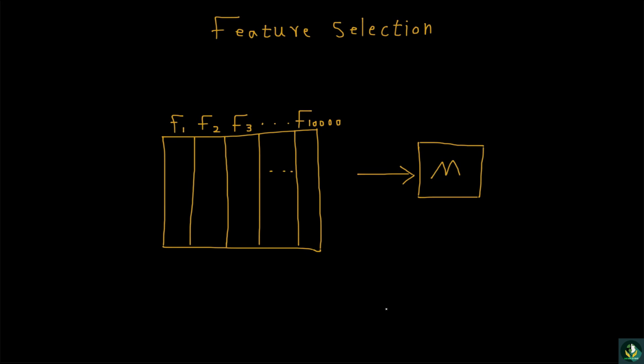To solve this problem, we should reduce the number of features that we want to pass through our model. We will take just the useful features for our model, the features that have very good patterns that our model can rely on to create very good predictions.